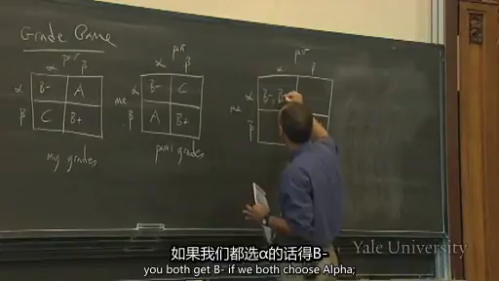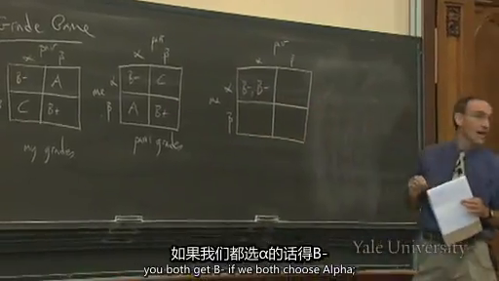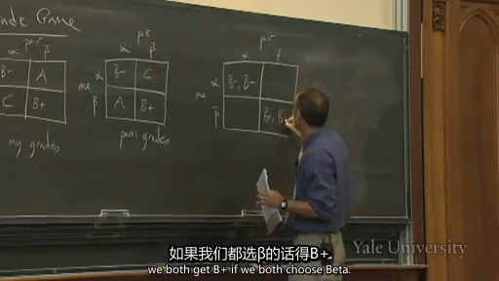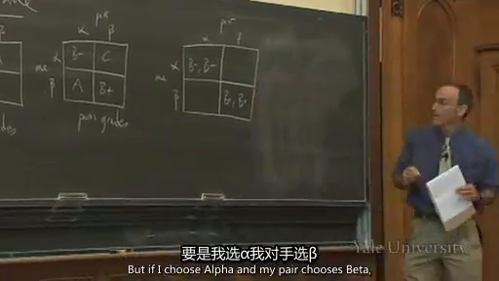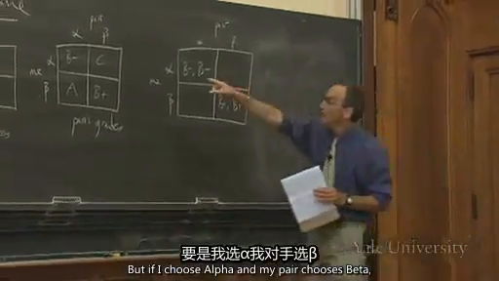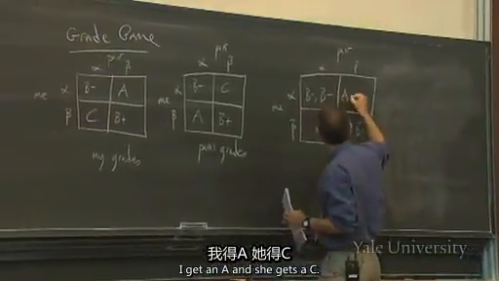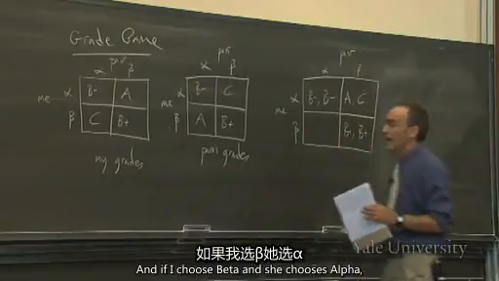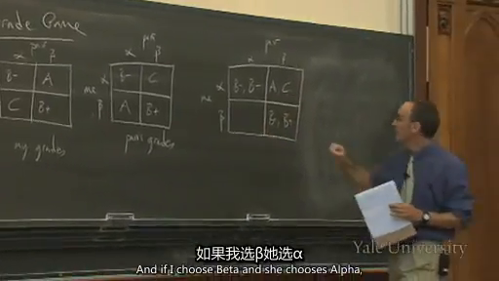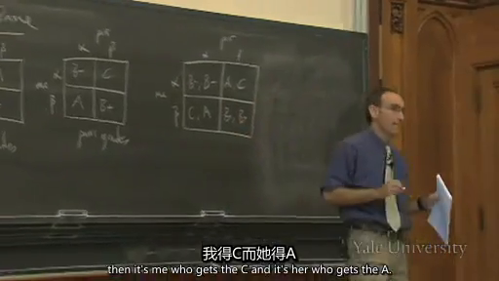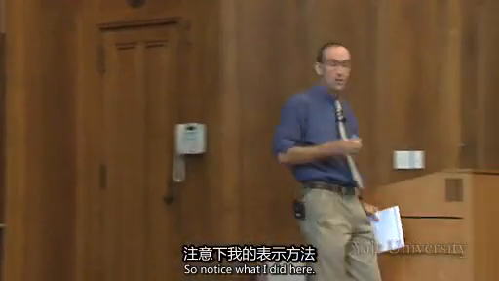diagonal. We both get B minus if we both choose alpha. We both get B plus if we both choose beta. All right, but if I choose alpha and my pair chooses beta, I get an A and she gets a C. And if I choose beta and she chooses alpha, then it's me who gets the C and it's her who gets the A. All right? So notice what I did here.